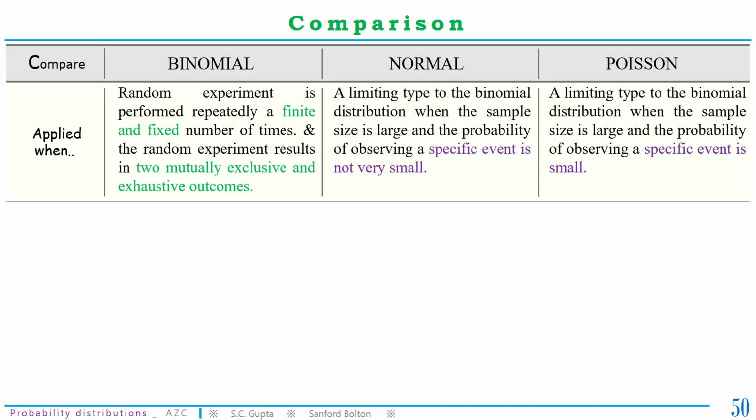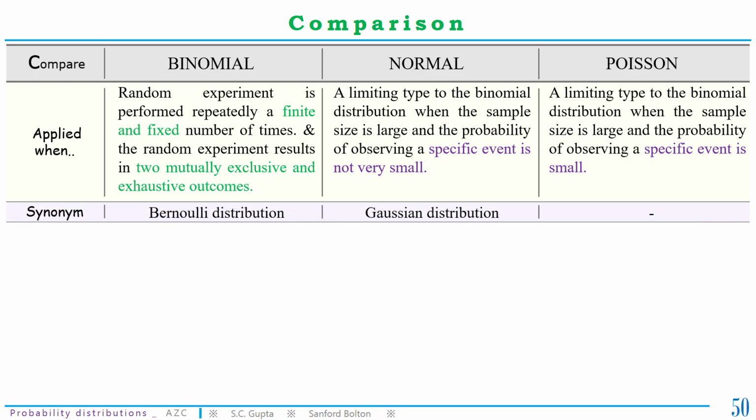Normal distribution is a limiting type of the binomial distribution when the sample size is large and the probability of observing a specific event is not very small, while Poisson distribution is a limiting type of the binomial distribution when the sample size is large and the probability of observing a specific event is small. A synonym of binomial distribution is Bernoulli distribution, while normal distribution is referred to as Gaussian distribution.